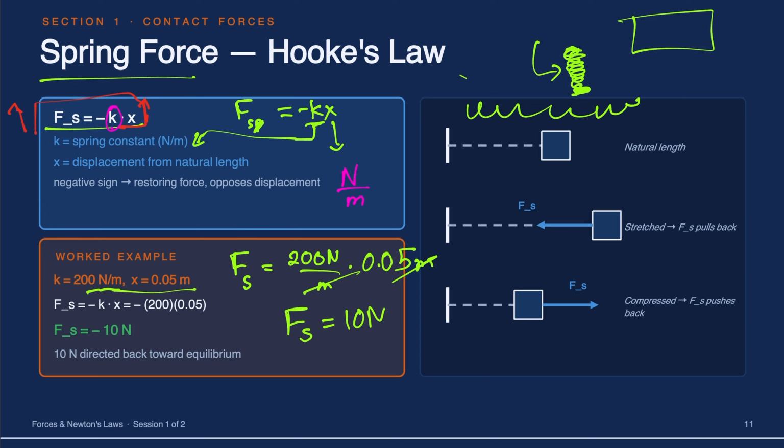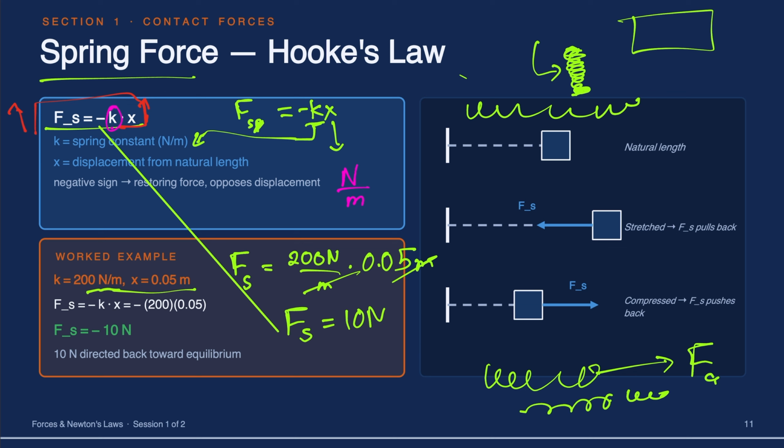And what is this negative here? Okay, that doesn't mean the force itself is negative. It means it's in the opposite direction of the distance it was extended, okay? So if you use a force applied to pull this spring, negative means the force of the spring is going to be in the opposite direction. Which makes sense, right? When you pull it in the rightward direction, it snaps leftward. When you compress it in the leftward direction, it snaps rightward.